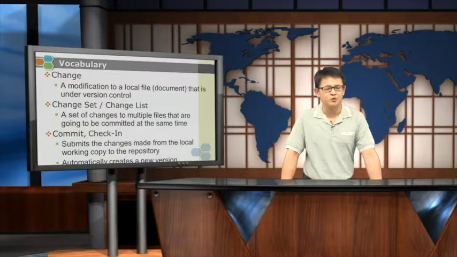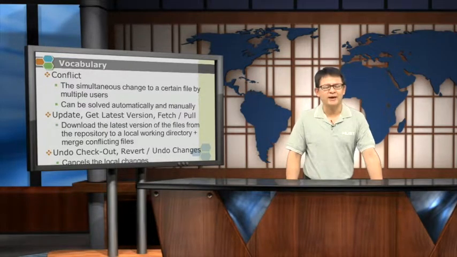And then you have the notion of commit or check-in. Every time you want to make some changes from the local repository, you want to commit it, to submit the change from the local working copy to the repository. And every time you do a commit or check-in, it will automatically create a new version.